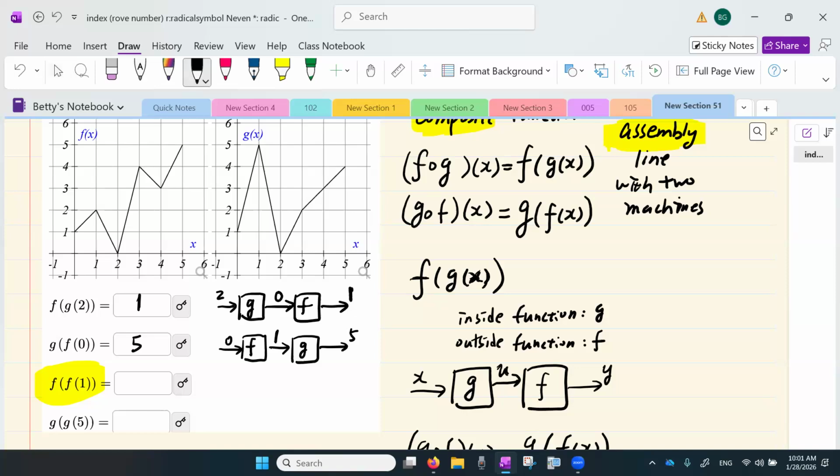So how are you going to draw your assembly line? Obviously, 1 is the input. What's the inside function? What's the outside function? It might be a little bit weird for some of you.